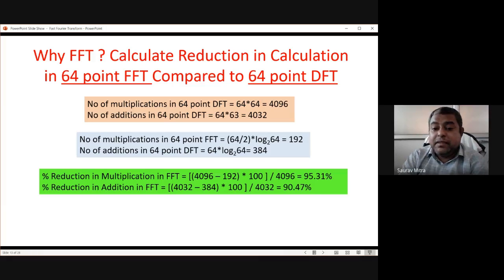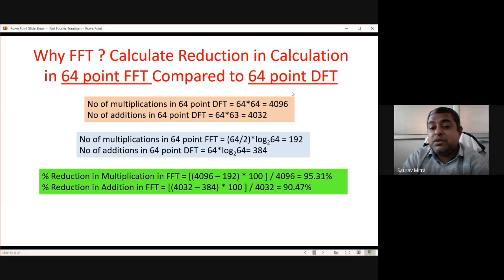So just imagine, the more the number of points. This 64, if it keeps on increasing, 1024, 2048, just calculate. You will find that FFT is doing the same thing with maybe 2 or 3% of the number of multiplications used compared to DFT.